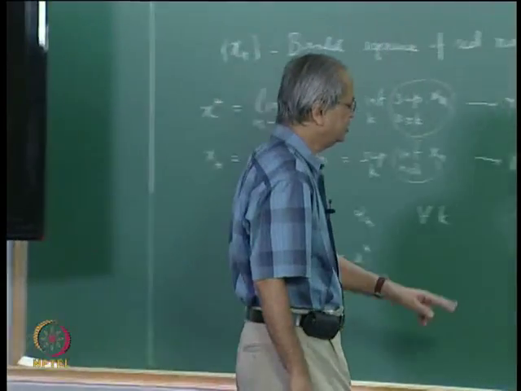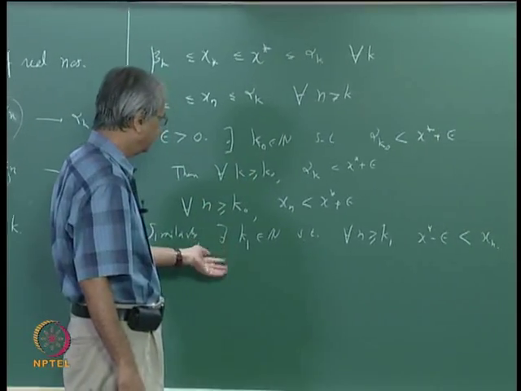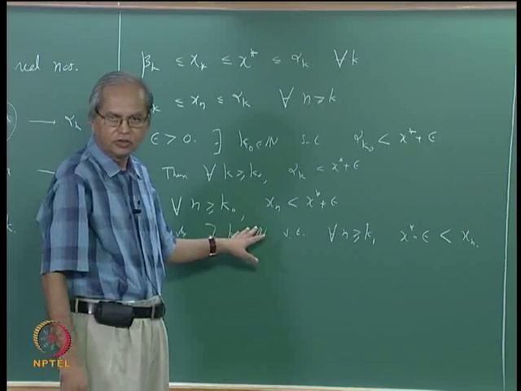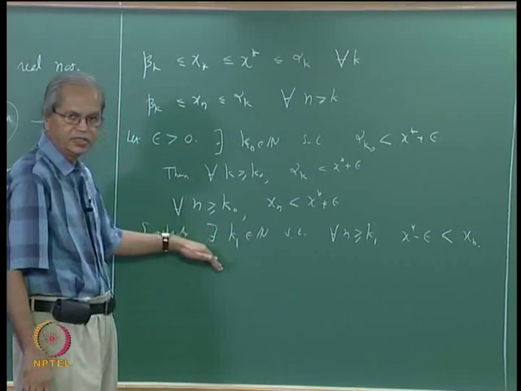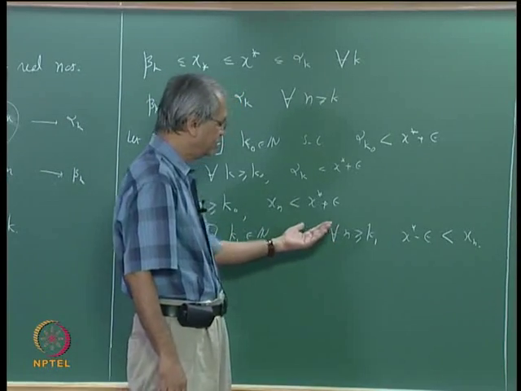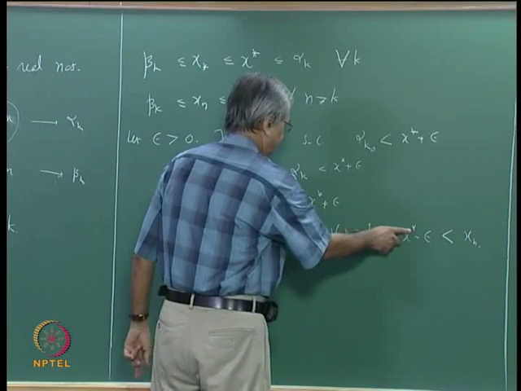For epsilon I can take n naught, which is the maximum of k naught and k1, and for that n bigger than or equal to n0, all xn will lie between x minus epsilon and x plus epsilon.